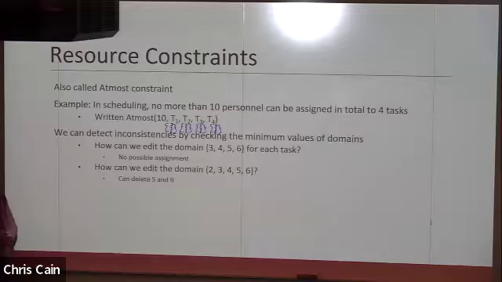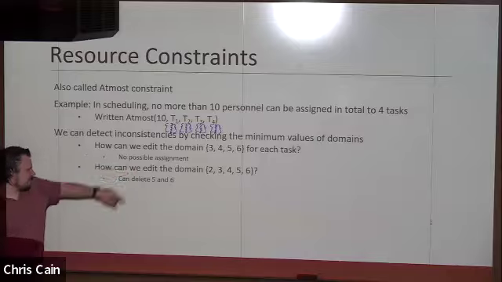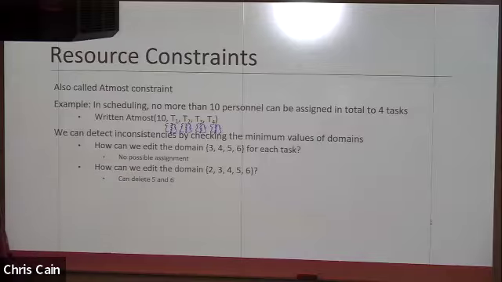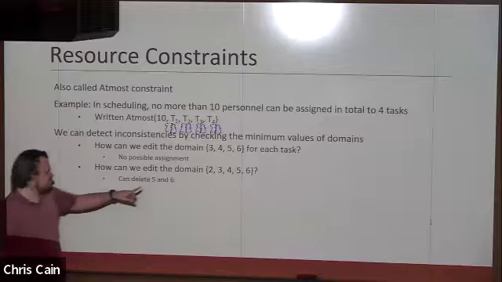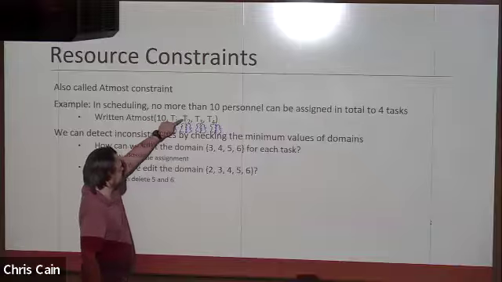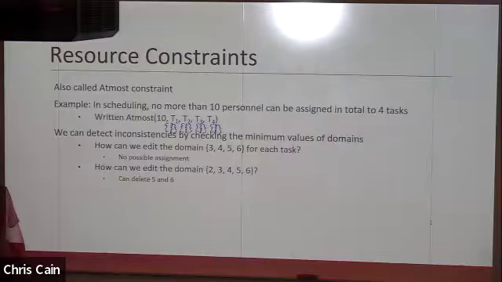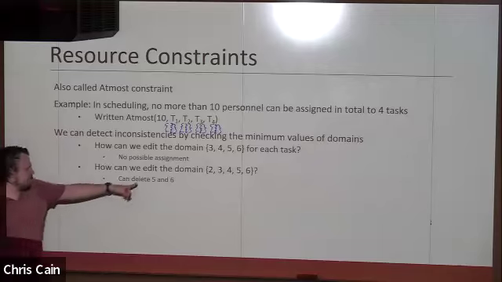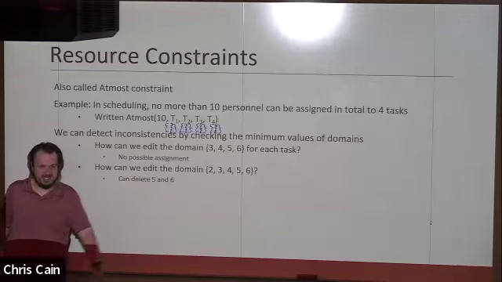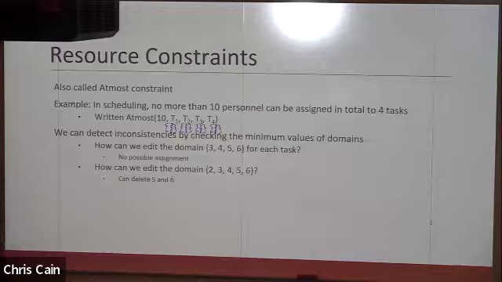Right. And so for this, now the domain is 2, 3, 4, 5, 6. And if that's the case, as soon as we have 5 somewhere, we have to split, even if 2 is chosen for everything else, 5 plus 2 plus 2 plus 2 is over 10. So we can eliminate 5 and 6 from all of those domains, because as soon as one of them picks 5 or 6, the rest of the problem is garbage.